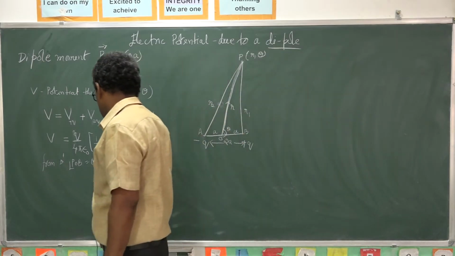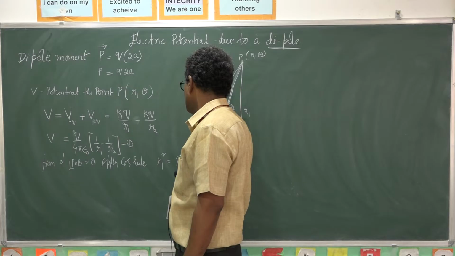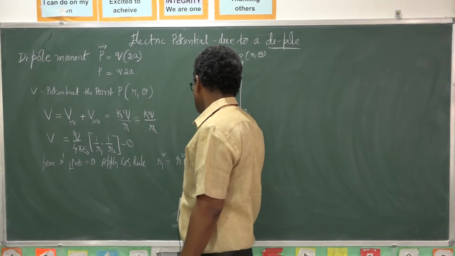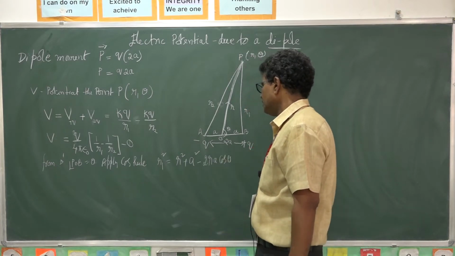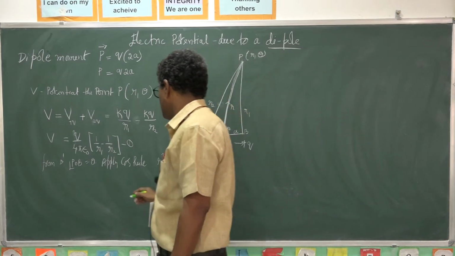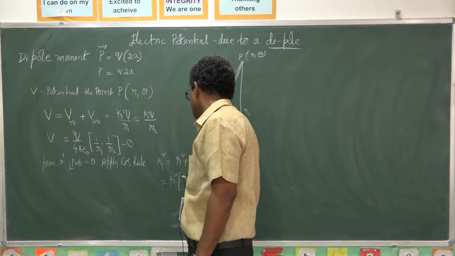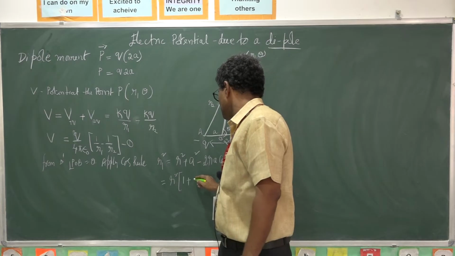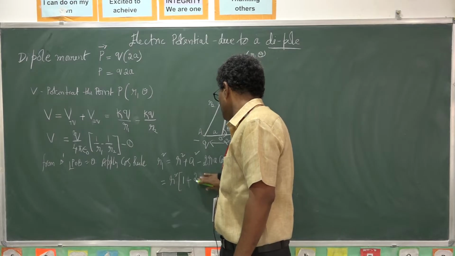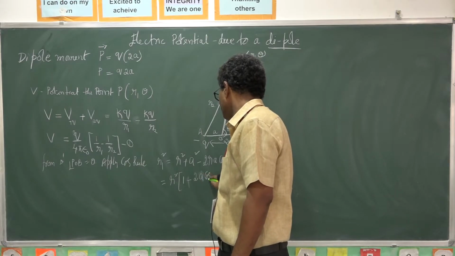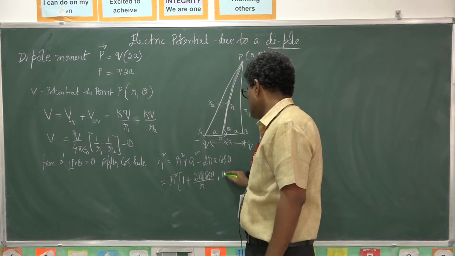Here I take r square common, so you will get r1 square equal to r square times 1 minus 2a cos theta by r plus a square by r square.